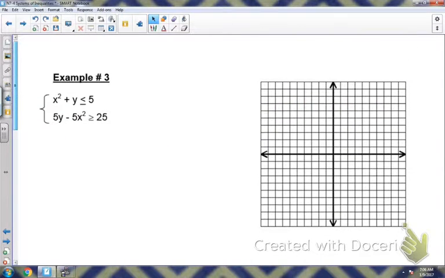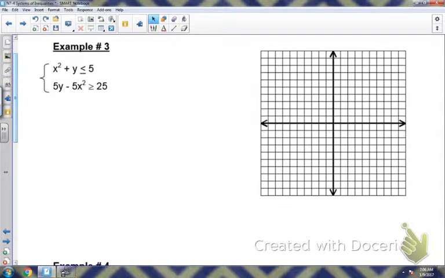Okay, notice on example 3, we don't have y by itself, so that's what you're going to have to do first on both of them if you're going to use the calculator to graph them. So y would be less than or equal to negative x squared plus 5. If we get y by itself on the second one, we'll add 5x squared.